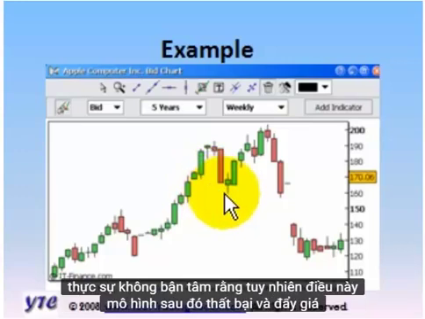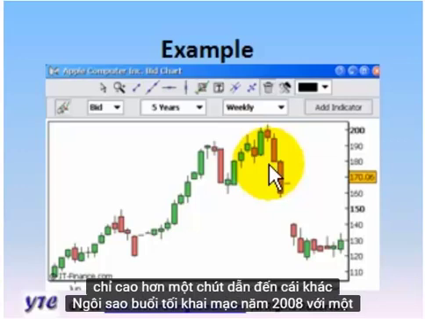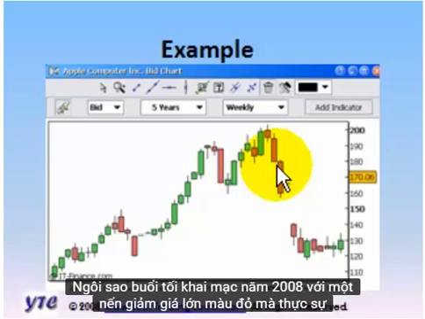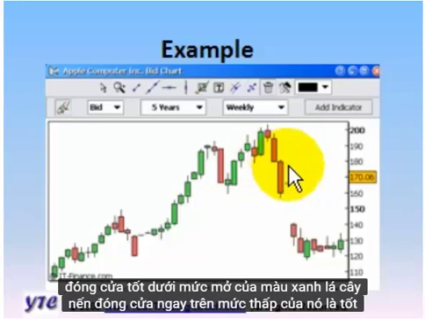However, this pattern then failed and pushed price just a bit higher, leading into another evening star to open up 2008 with a large red bearish candle which actually closed well below the open of the green candle, closing right on its lows as well.